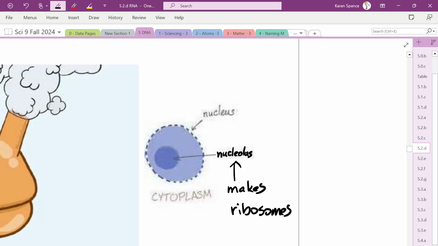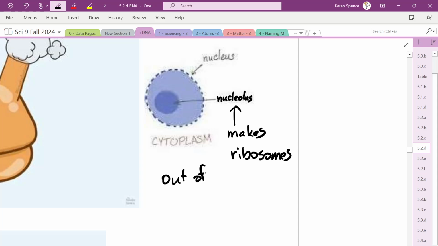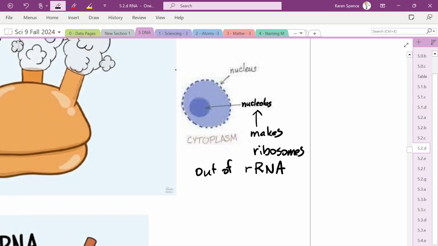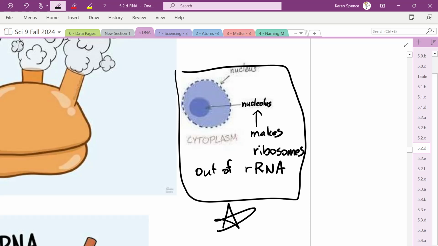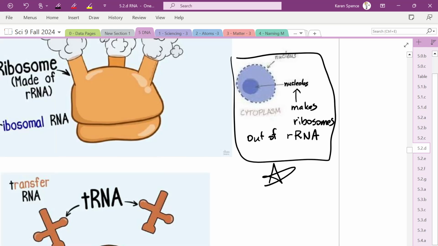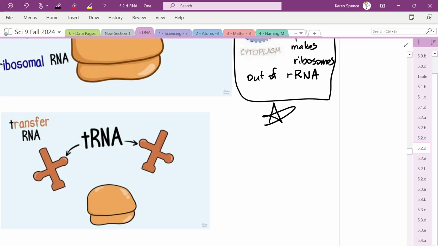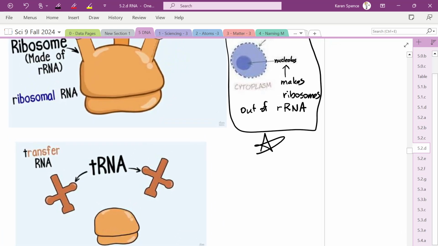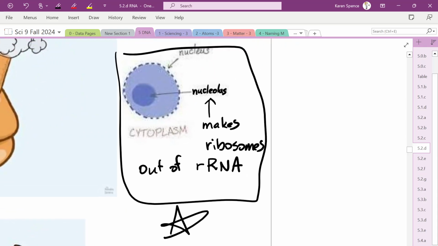And what does it make them out of? rRNA, ribosomal RNA. Transfer RNA, tRNA. The nucleolus.